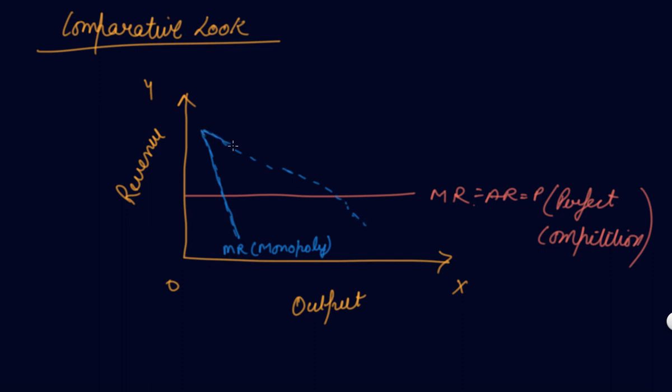Means a straight line. Your MR and monopolistic. Here your elasticity of supply is greater than 1. Here your elasticity of supply is equal to 1. And here in monopoly your elasticity of supply is less than 1. So this is the reason this graph is more flatter, this is steep and this is constant.